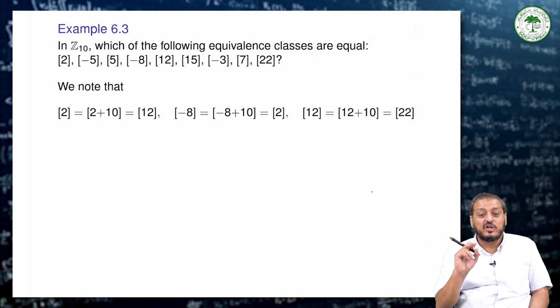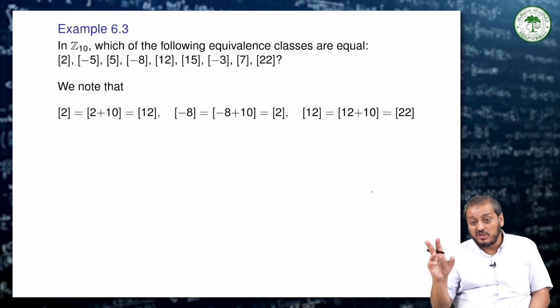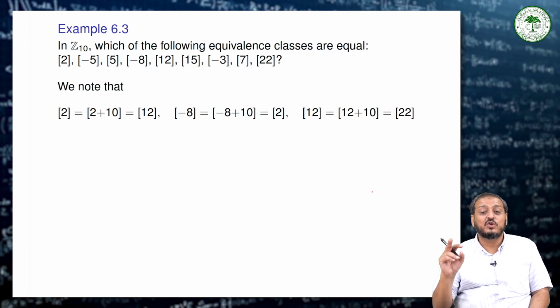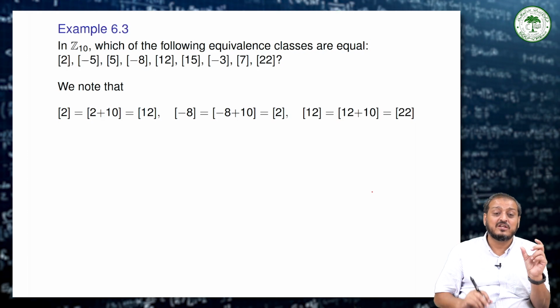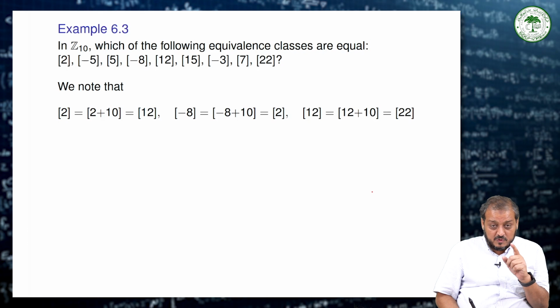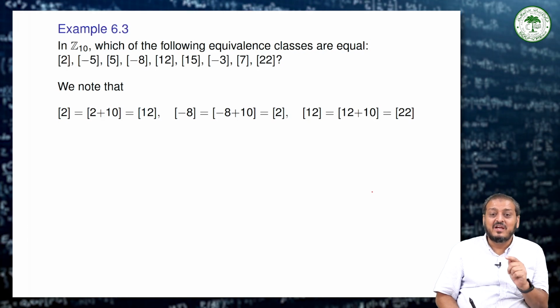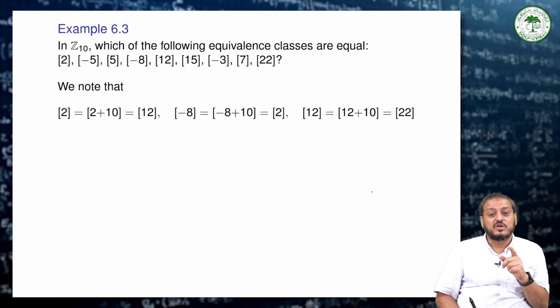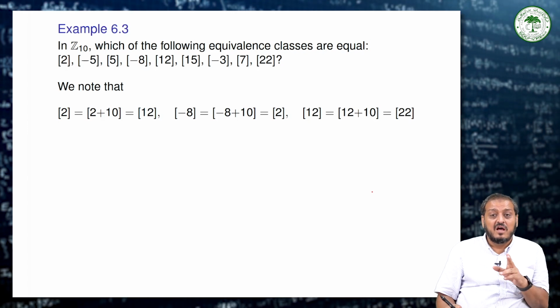Then 12 plus 10 is equal to 22, so the equivalence classes of 22 and 12 are also the same. So the equivalence class of 2 is the same as the equivalence classes of 12, minus 8, and 22.